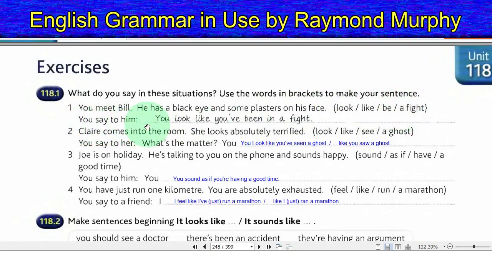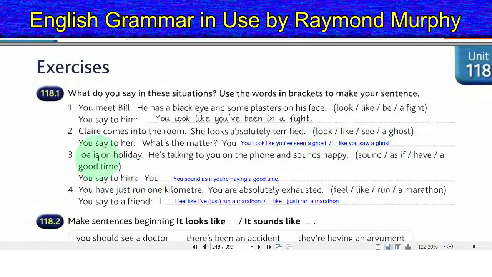You say to him, you look like you have been in a fight. 2. Claire comes into the room. She looks absolutely terrified. Look like, see a ghost. You say to her, what is the matter? You look like you have seen a ghost, like you saw a ghost.